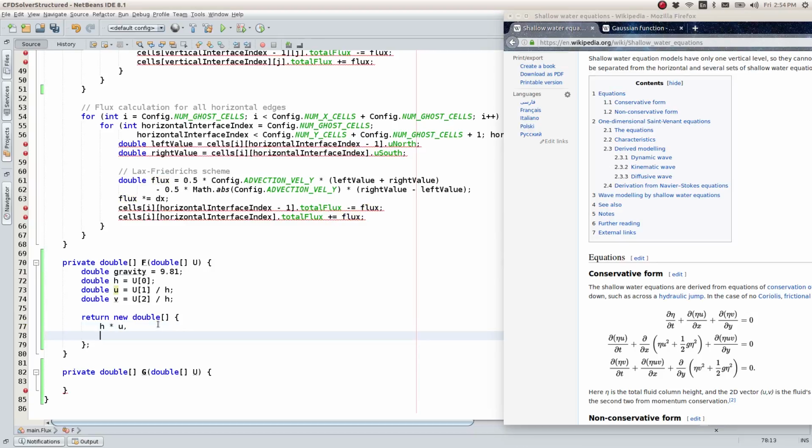The second one is going to be h times u squared plus half g multiplied by h squared.